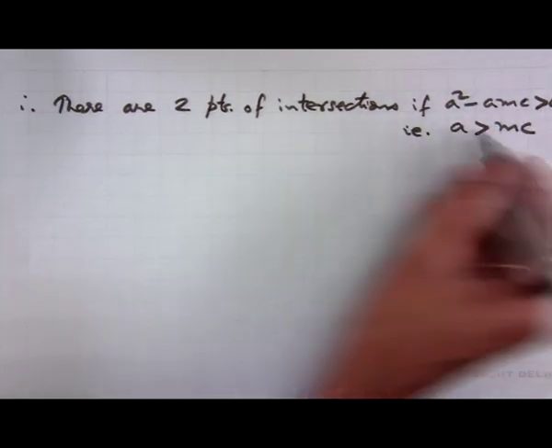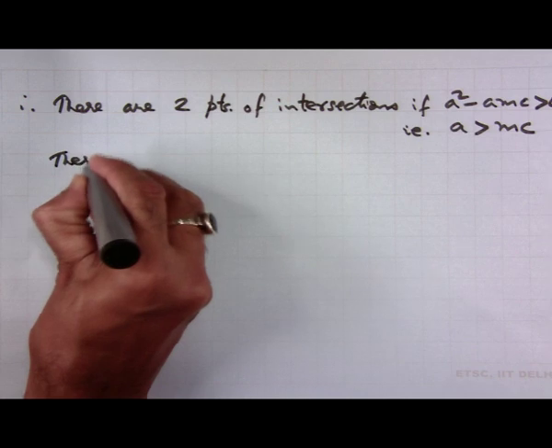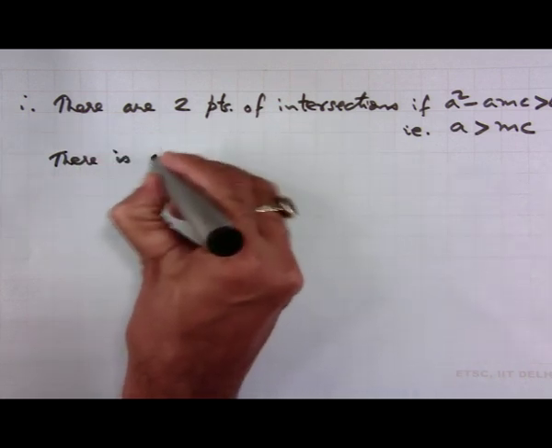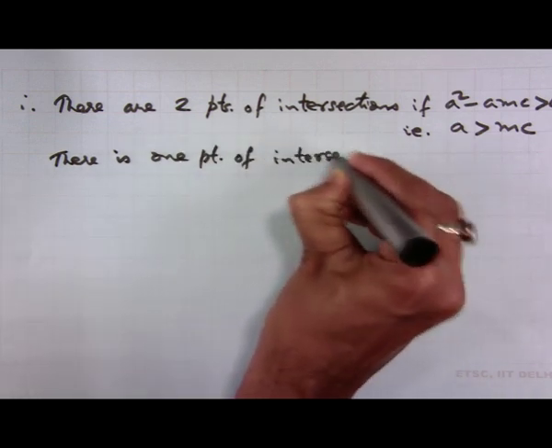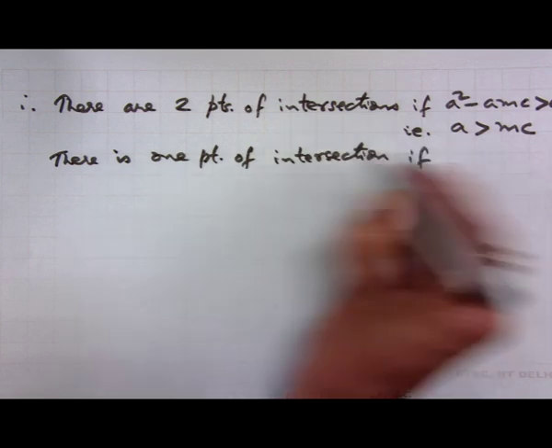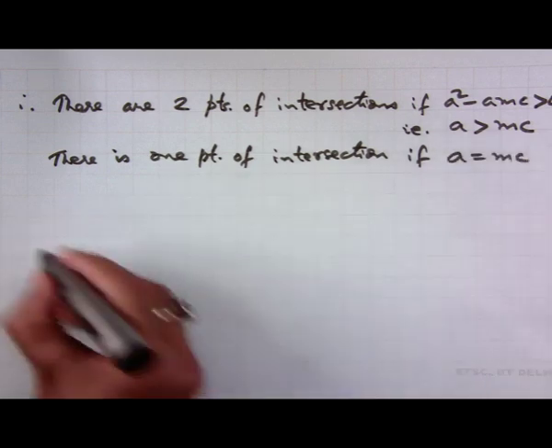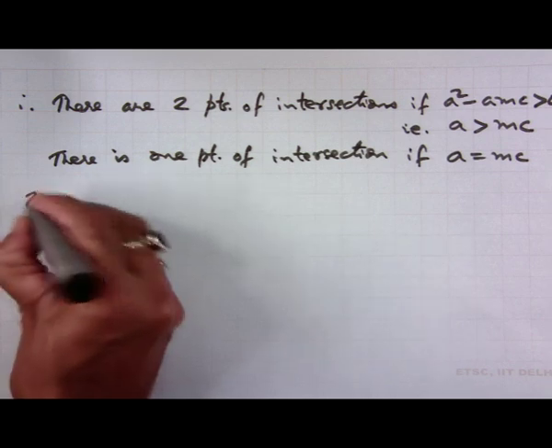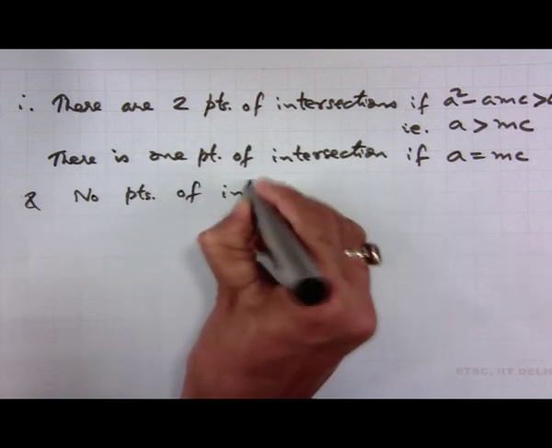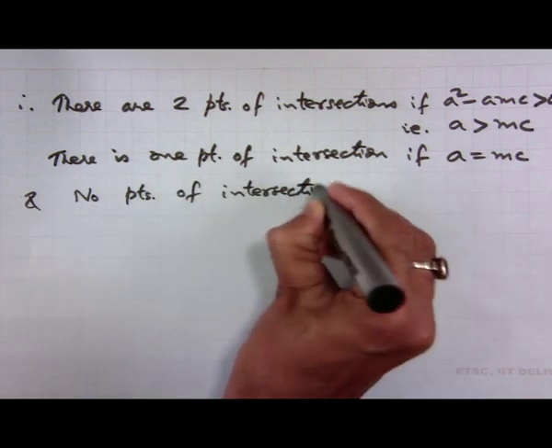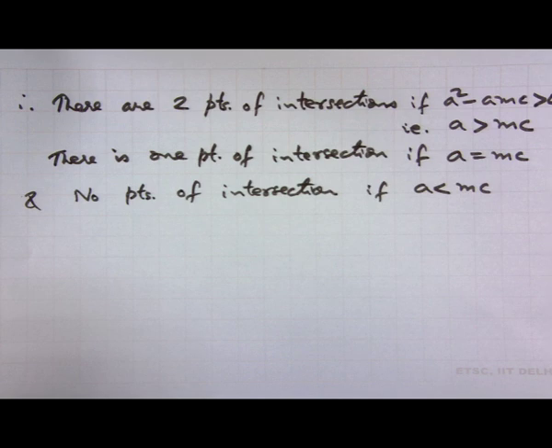We have 2 points of intersection. There is one point of intersection if the discriminant is equal to 0, that means a equal to m c, and no points of intersection if a is less than m c. So, these are the conditions.